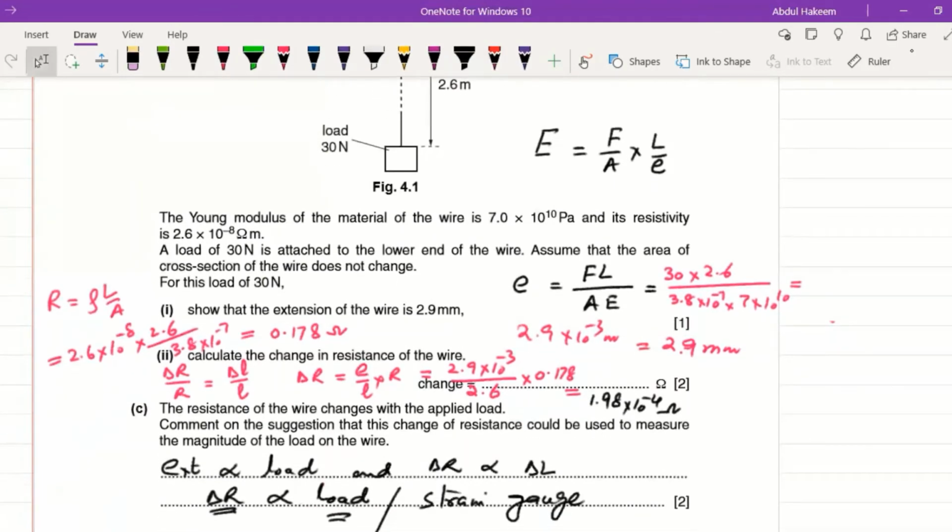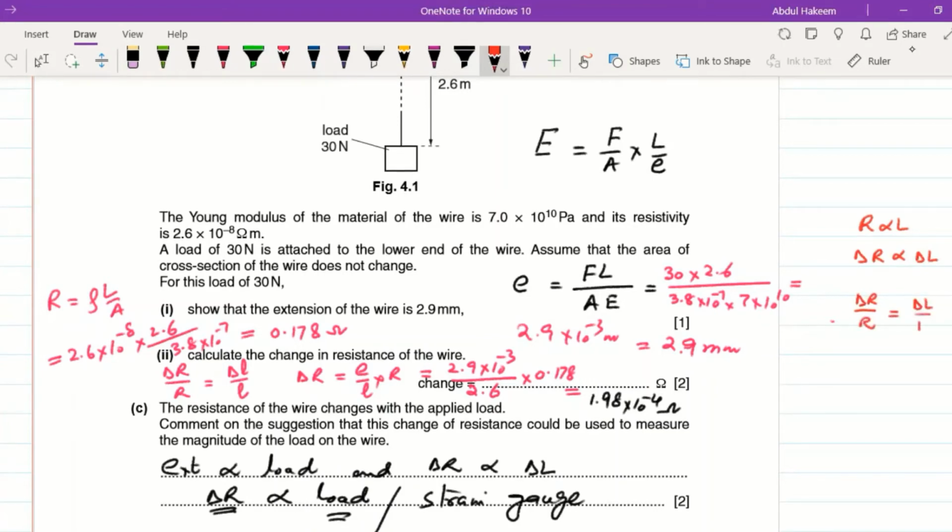Next, calculate the change in the resistance of the wire. So look, we have done that R is directly proportional to L, then the change of resistance will be directly proportional to the change of the length. So the change of resistance and the resistance ratio is equal to change in length divided by length, right?